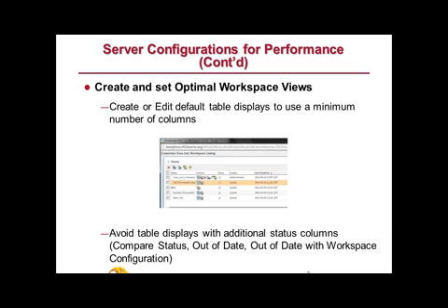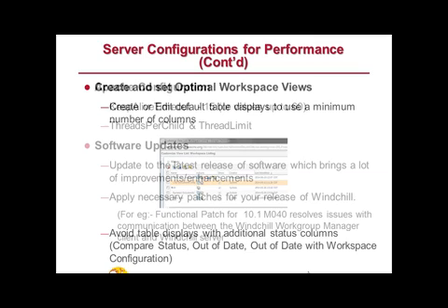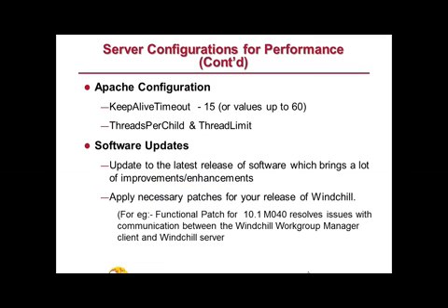For example, in the Windchill 10.x release, you have many status columns like compare status, out of date with workspace configuration, etc. You don't necessarily need to disable all of them, but whichever columns you feel are not required, go ahead and remove them from your table views. This will help in reducing the server load and will enhance your performance as well. From the organization level, you can create views and push them to your users.